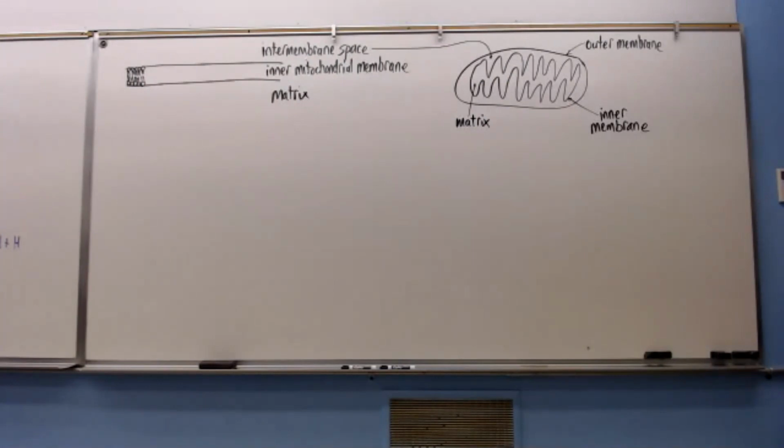In fact, if you look on page 9 of your lecture packet, that also requires you to know this anatomy. Way up on the top left is the cell membrane and cytoplasm. Then you're in the mitochondria, and you can see it has the outer and inner membrane.